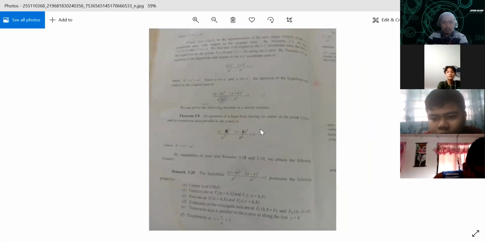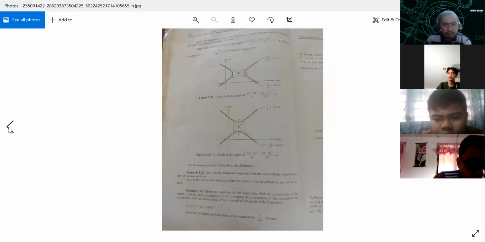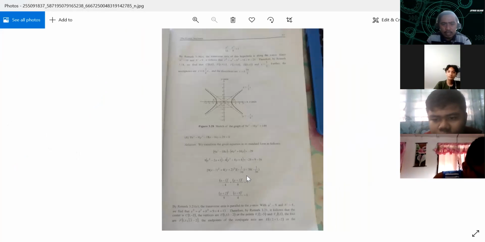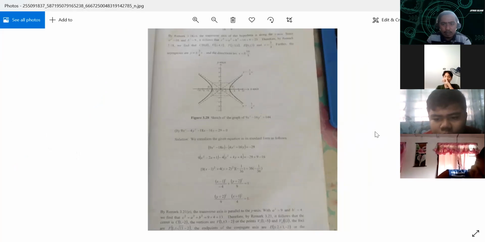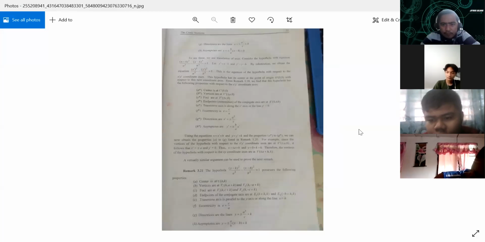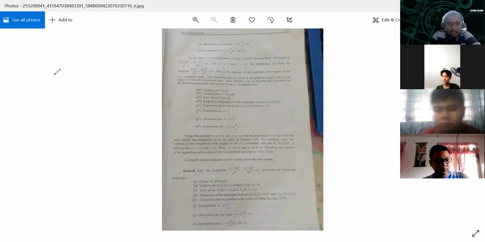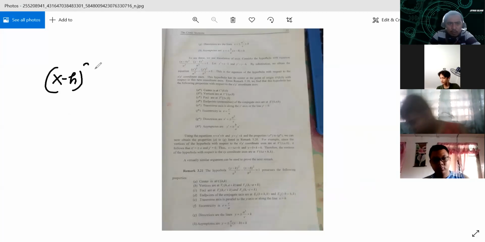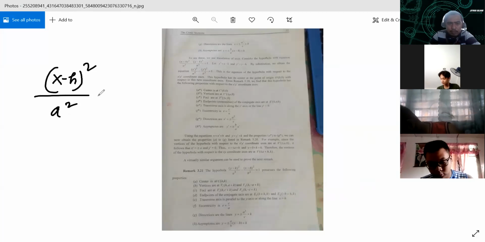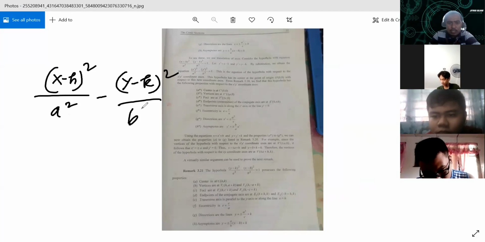And the other theorem that we will have is this theorem. The other formula will be, if you have x minus h quantity squared all over a squared minus y minus k quantity squared over b squared equal to 1.